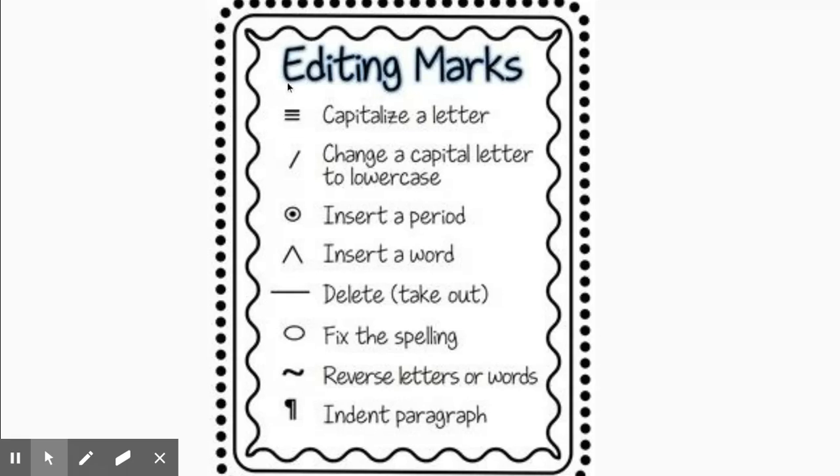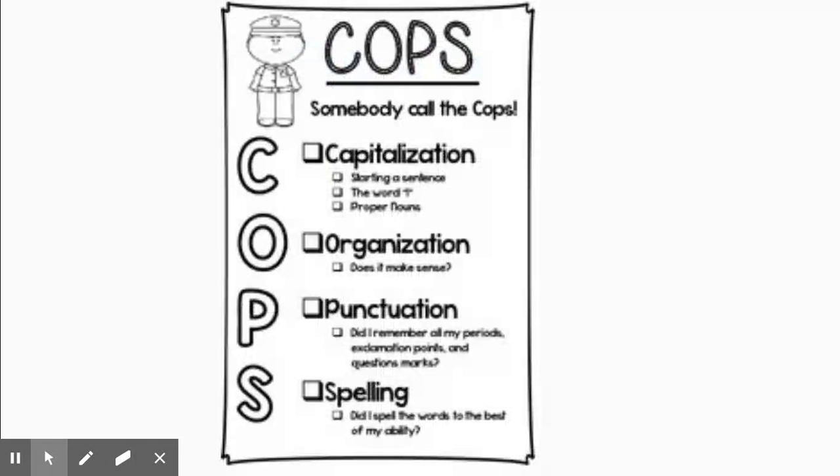Write your 3 lines and write the new capital letter above it. You can cross off that lowercase letter that needed to get changed to a capital letter by simply drawing a line through it. Once you've taken care of your capital letters, you can check you did C.O.P.S, you did the C.